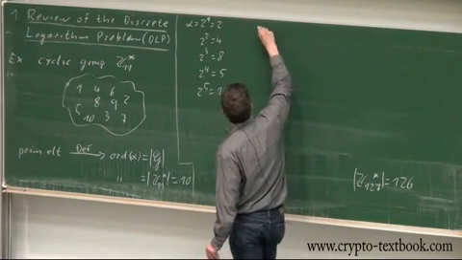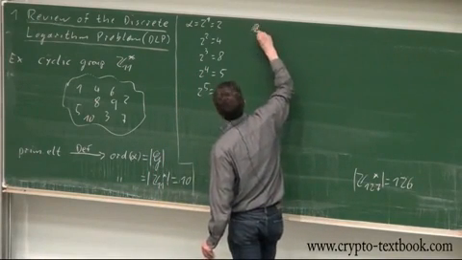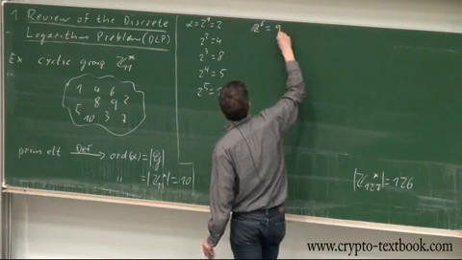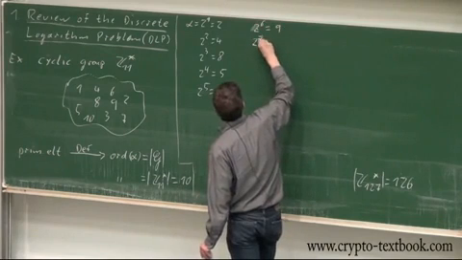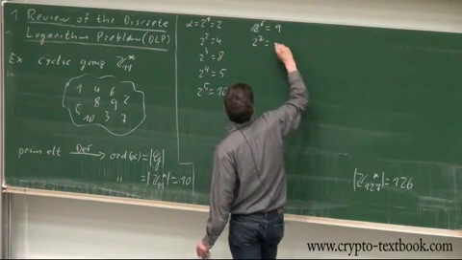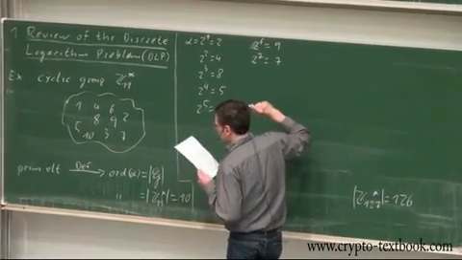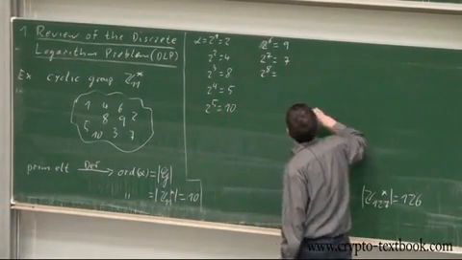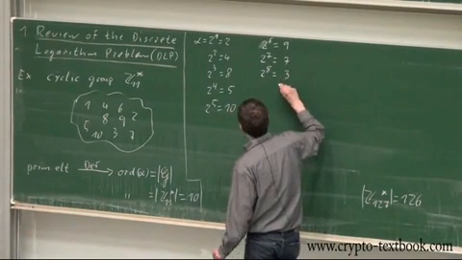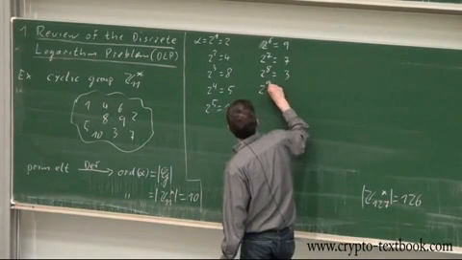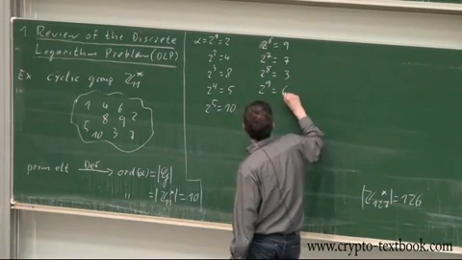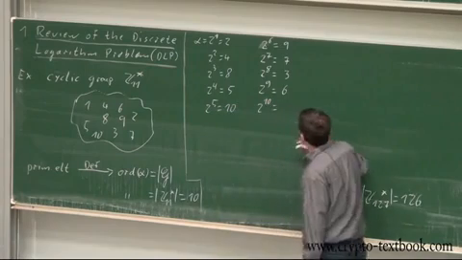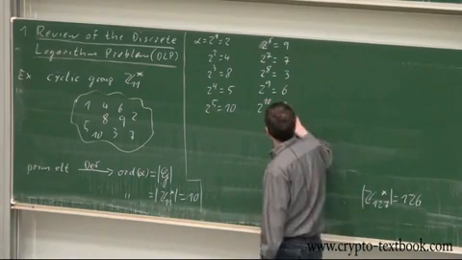I continue here. 2 to the sixth is 20, which is 9. 2 to the 7th is 18, modulo 11 is 7. 2 to the 8th is 14, modulo 11 is 3. 2 to the 9th is 6. 2 to the 10th is 12, modulo 11 is 1.